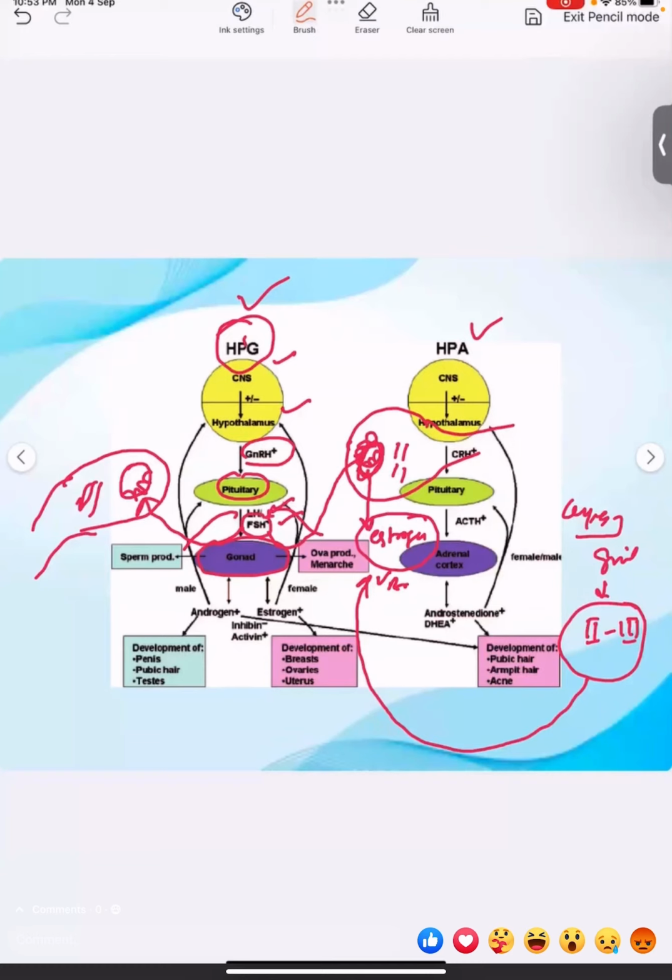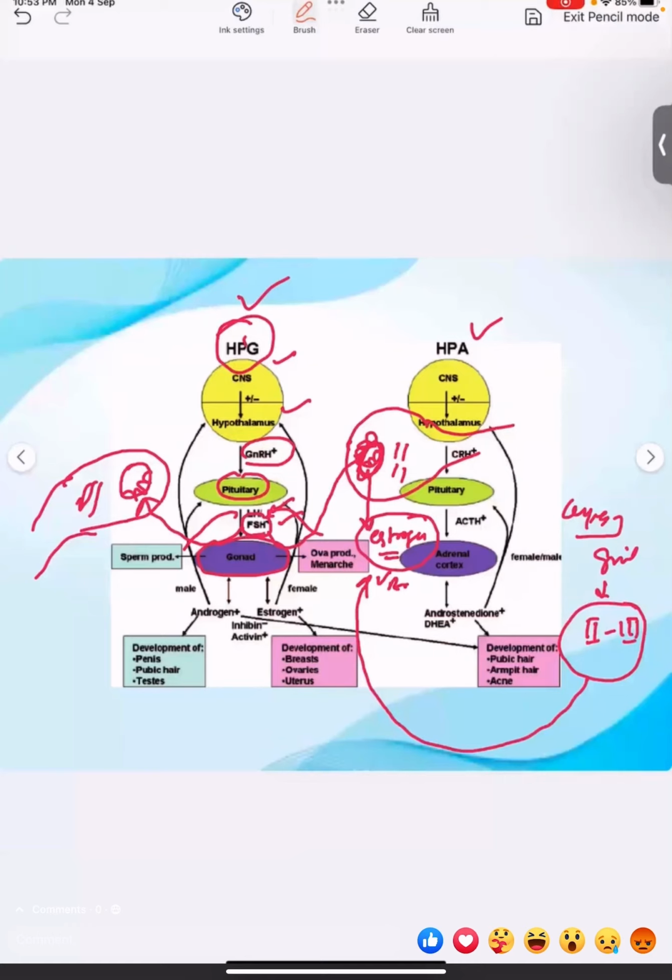Most likely, what is the source of this estrogen in a female? Always remember, this is the clinical point here. Female has this source.